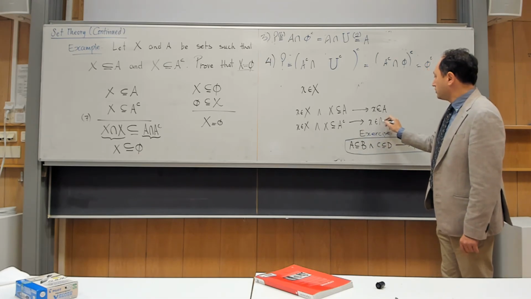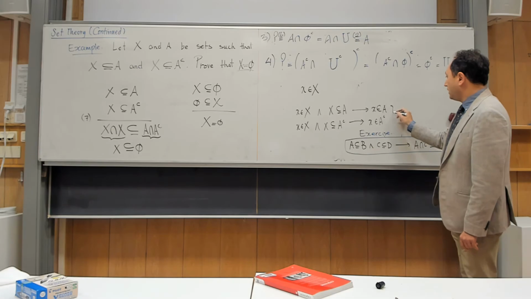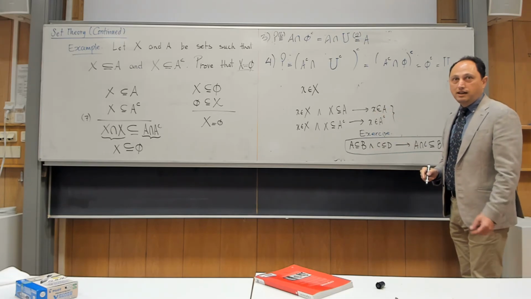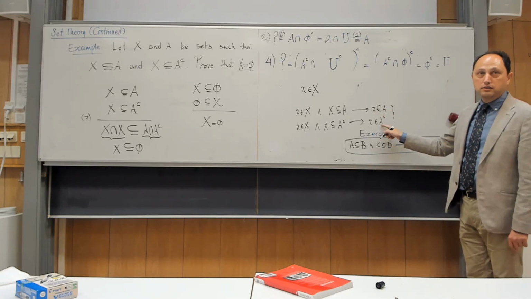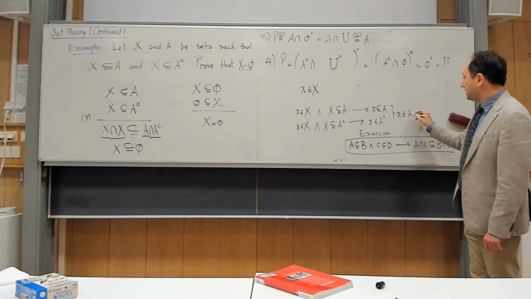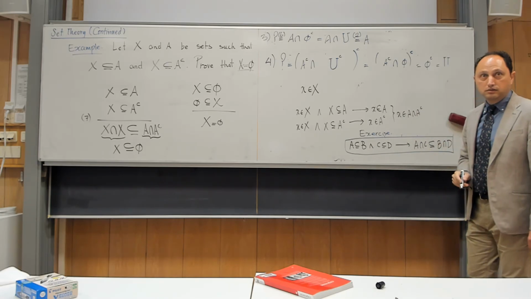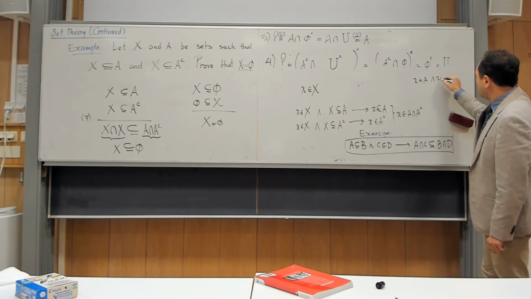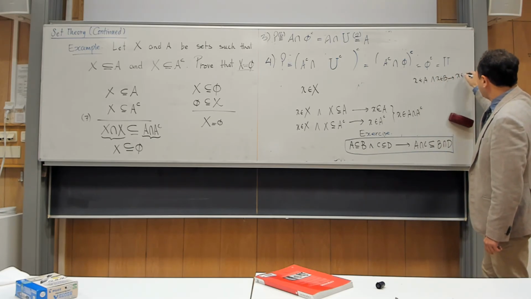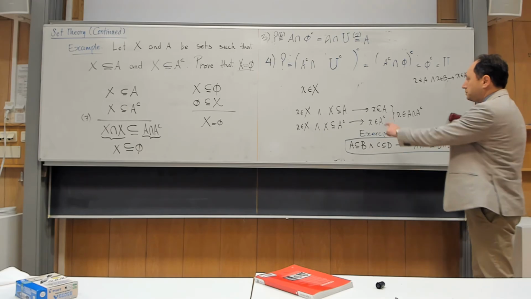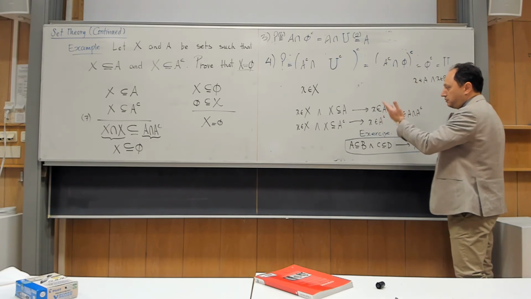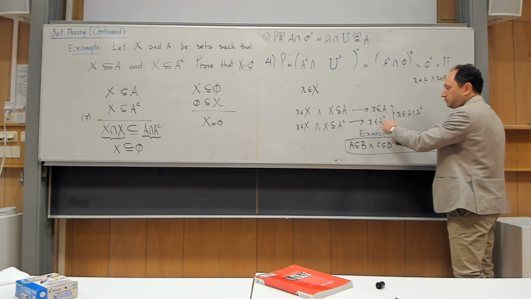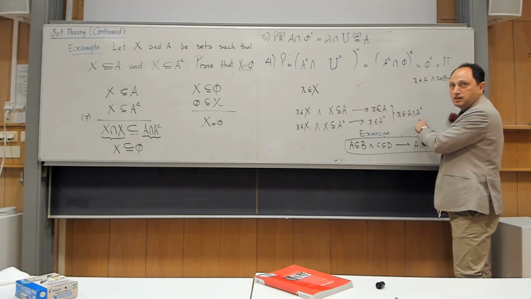That x belongs to A complement. Now x belongs to A and to its complement. So x has to belong to the intersection. Because if x belongs to one set, whatever the name is, and x belongs to another set, whatever the name is, this means x belongs to the intersection.